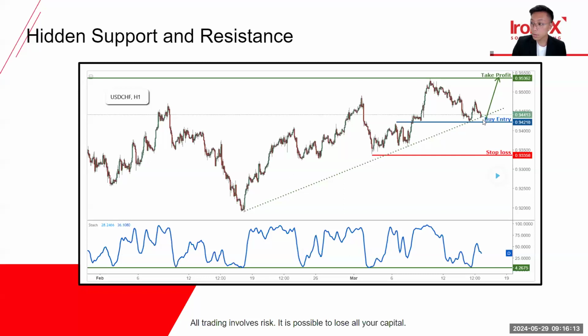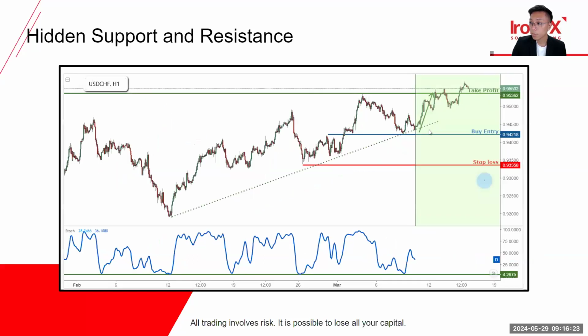Let's say we bought around here because it aligns very nicely with our stochastic hidden support level, and then price starts to skyrocket all the way to our take profit level. Sometimes when you are able to identify such hidden support and resistance levels, you might be able to find a very nice entry.